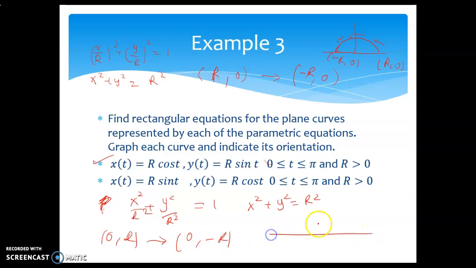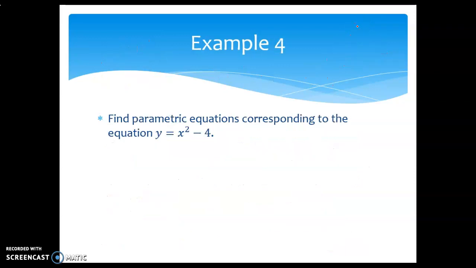When we graph it, it looks something like this, with 0 and r here, and 0 and negative r here, and the orientation goes like this. This is x and this is y. This is how you graph a curve.